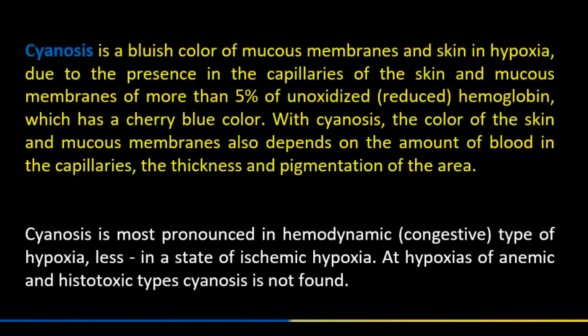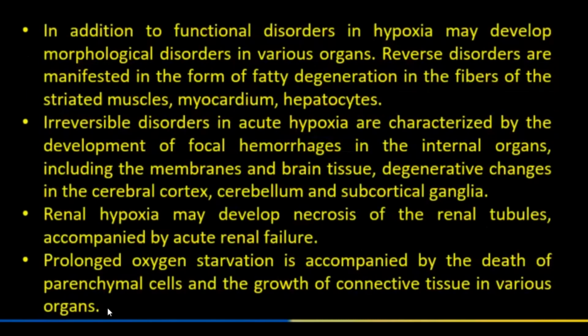Cyanosis is most pronounced in the hemodynamic congestive type of hypoxia, less in a state of ischemic hypoxia, and in hypoxias of anemic and histotoxic type, cyanosis is not found.